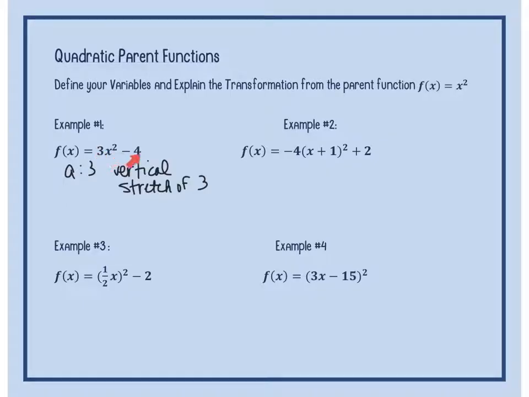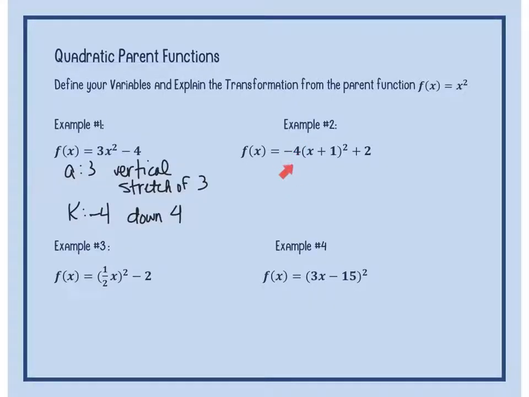If it comes after the x squared, this is a k value. So this k value is a -4. This means that that parabola is going down 4. That U shape is going down 4 units. So that graph would go down 4, and be narrower, okay?